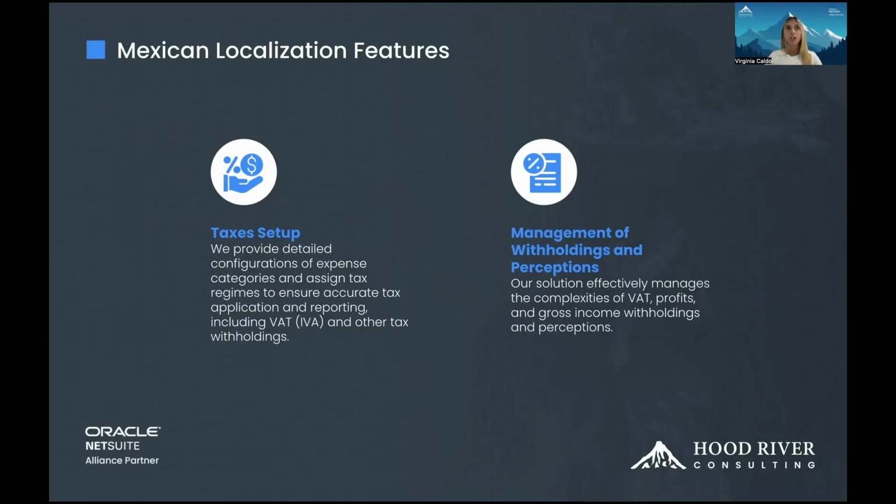When we start a new project, we have a meeting when we can talk with the customer about which tax rates and tax types need to be set up in the account. And once we have those set up, the taxes will be calculating automatically in all transactions.